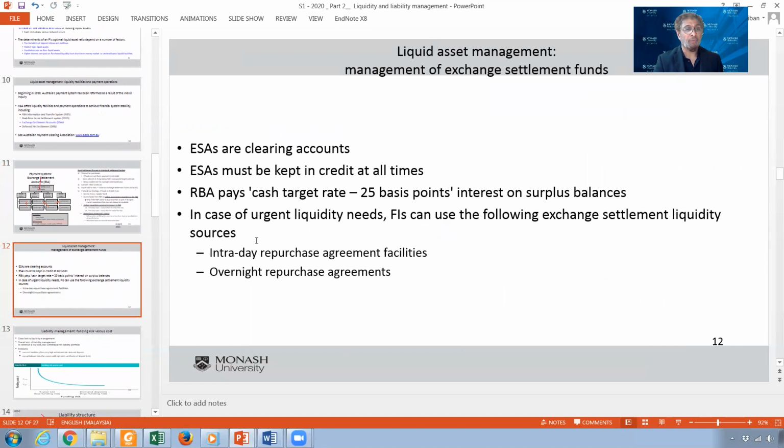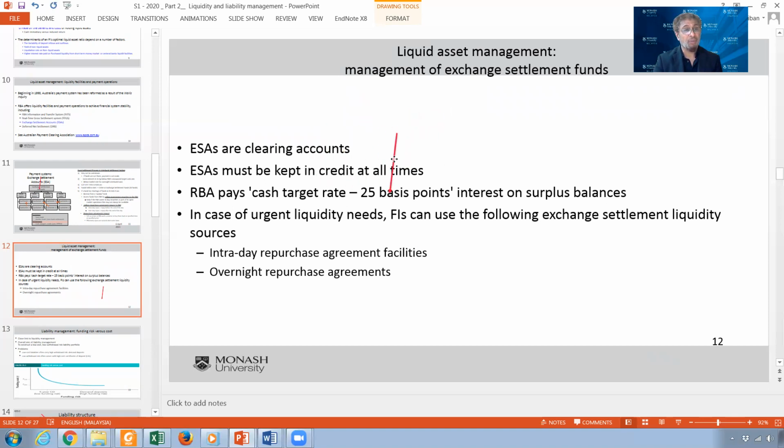Now this is some information about the ESA, as I told you, and it can use intraday repurchase agreement facilities, and they can settle it with overnight repurchase agreements. So these ESAs are clearing accounts, and must be kept in credit all the time, which means your account.